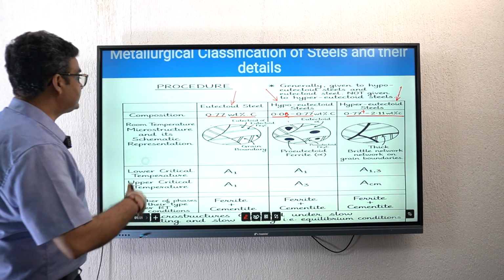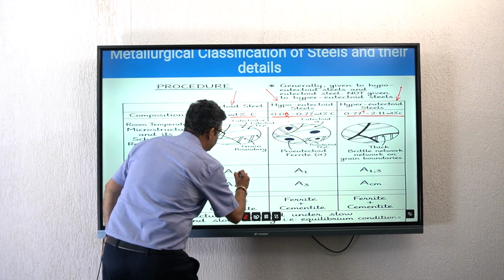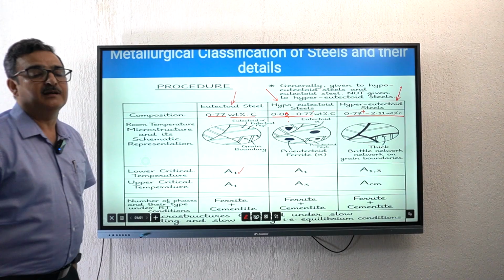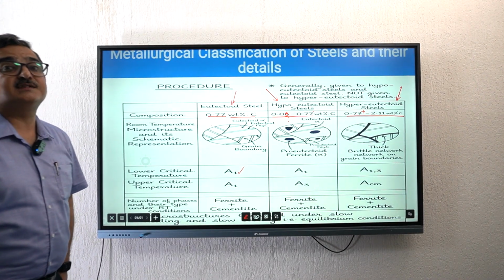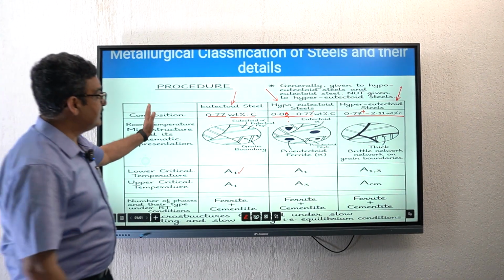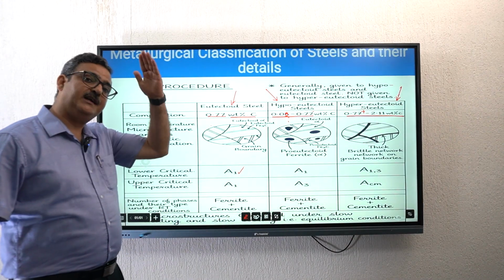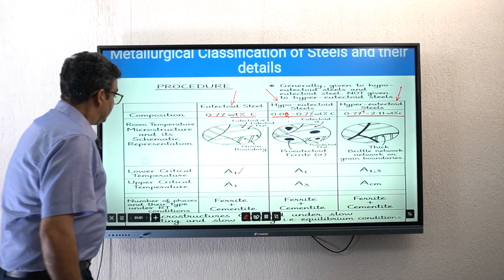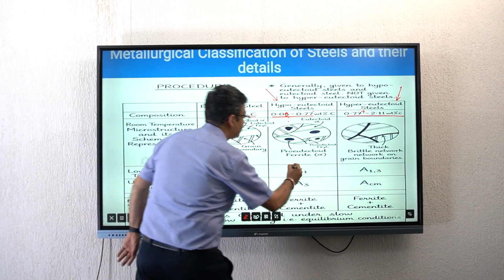Okay, what is the lower critical temperature? Eutectoid steel lower critical temperature is designated as A1. Please go back and check it from the iron cementite equilibrium diagram. This entire discussion is in the context of equilibrium conditions, slow heating, slow cooling. What is the lower critical temperature for hypoeutectoid steels?